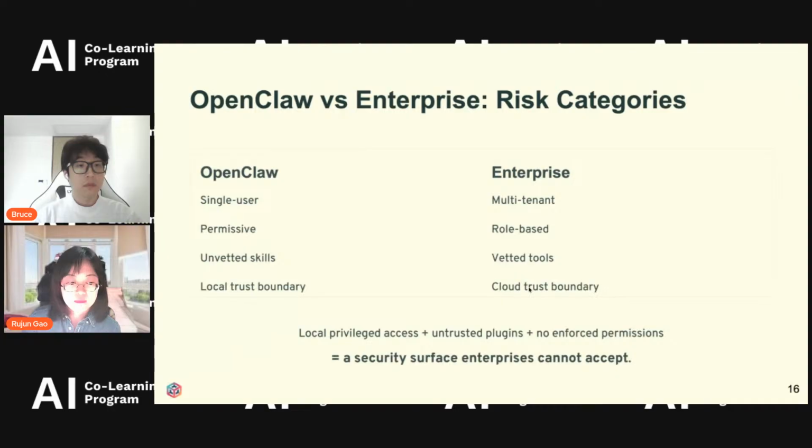And comparing to the enterprise, what are the different features between OpenClaw and enterprise RAG? Here's a simple summary. OpenClaw is single user. It has access to your local computer, and you are the only one to input information to OpenClaw.